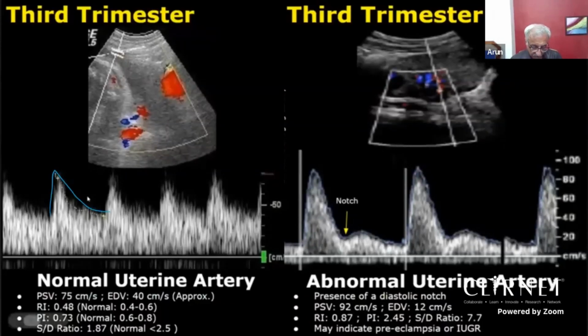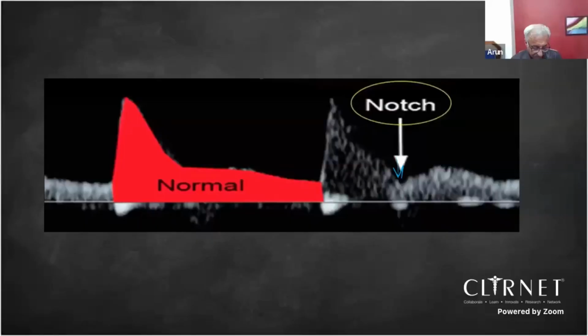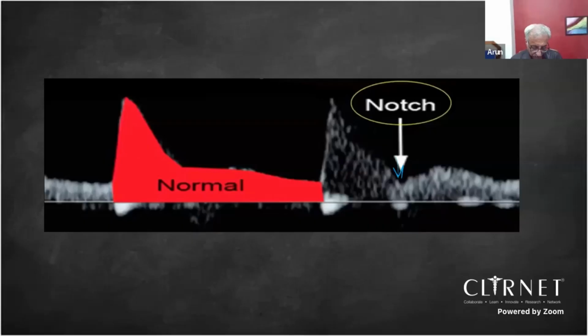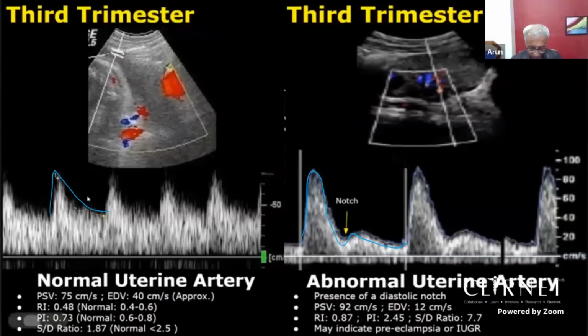But if it is like this, it is abnormal. This is in third trimester. PI in second trimester is 0.8 to 1.2. In third trimester, it is 0.6 to 0.8. If it is abnormal, it is 2.45.